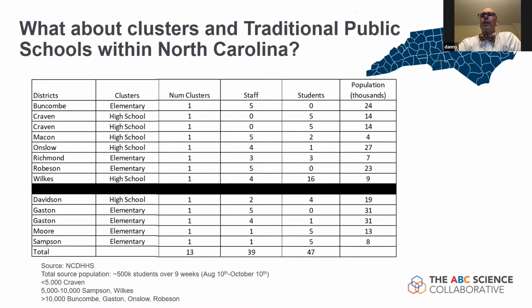Most of these were approximately evenly split between the numbers of staff who had positive tests and the students. And again, this is hybrid method of education since mid-August. Now you can see that this represents about 47 students, 39 staff.